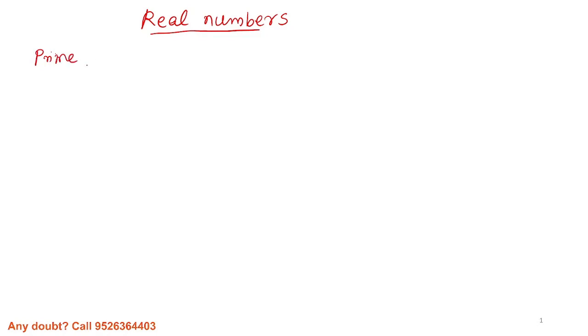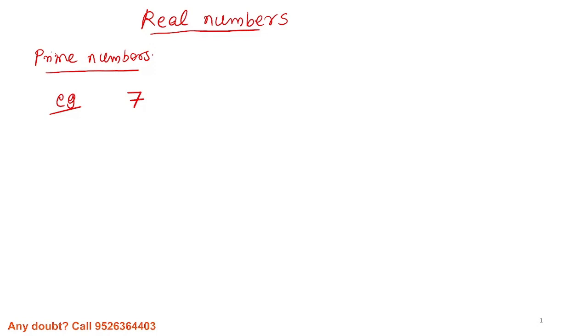Let me explain prime numbers. Do you know what you mean by prime number? Anybody? Please tell me. A prime number is a number which has only two factors, the same number and one. For example, 7 is a prime number.